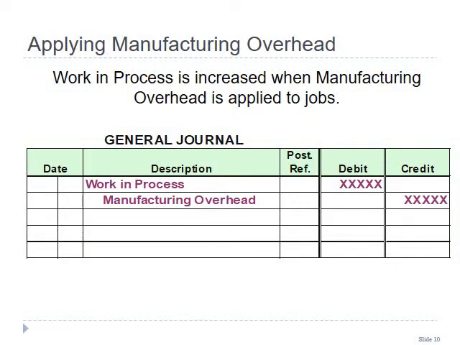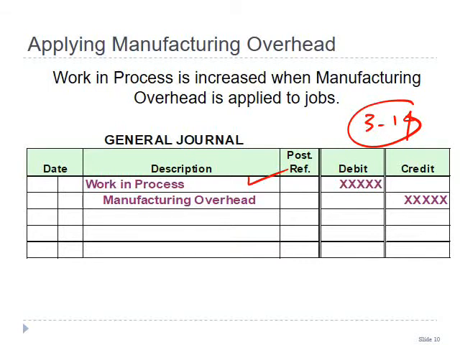The entry shows the application of overhead to work in process inventory. For applied overhead, we debited work in process. We also did it in the question we just did before, question 314. We just had this entry.